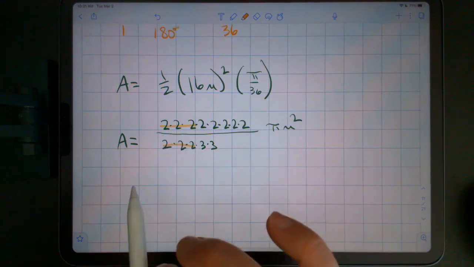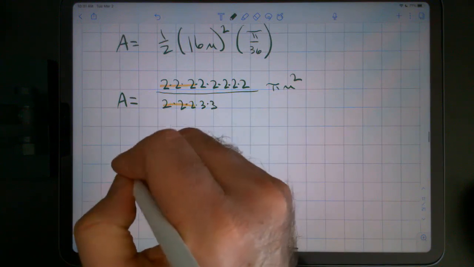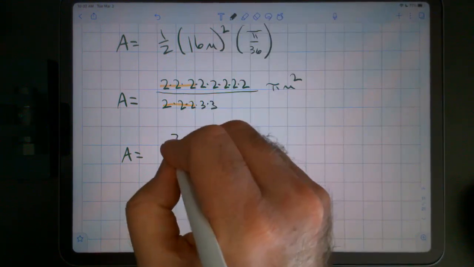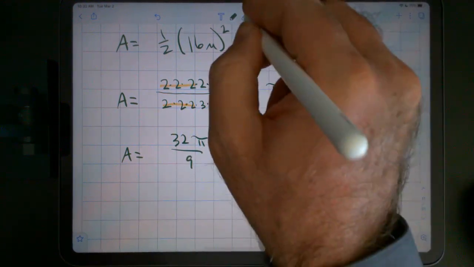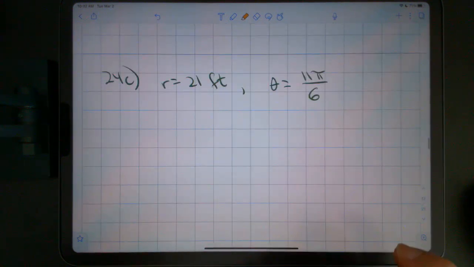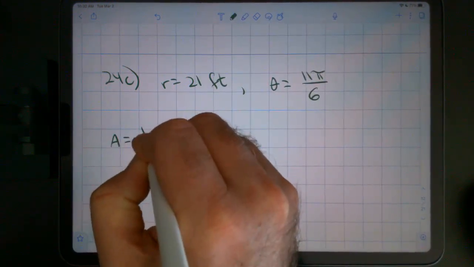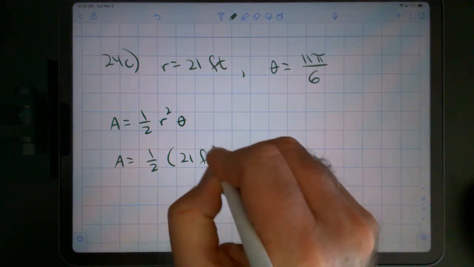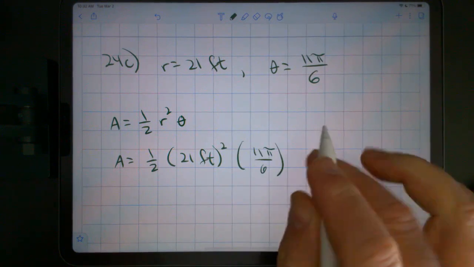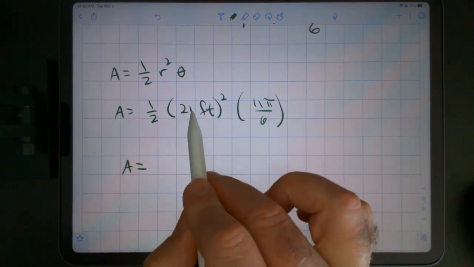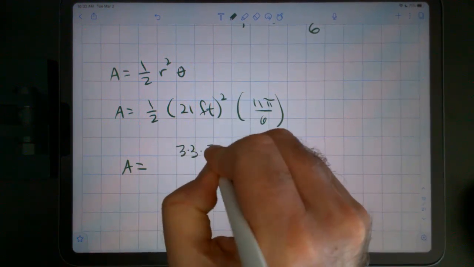3 2s, 3 2s. So 21 is 3 times 7. Being squared, we're going to have 3 squared and 7 squared.